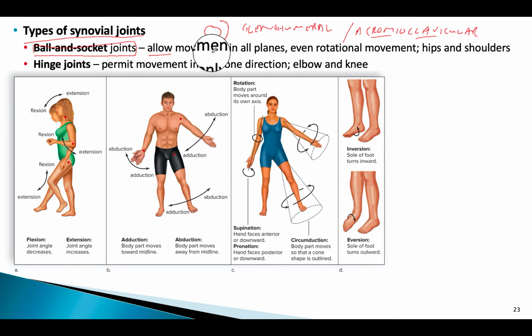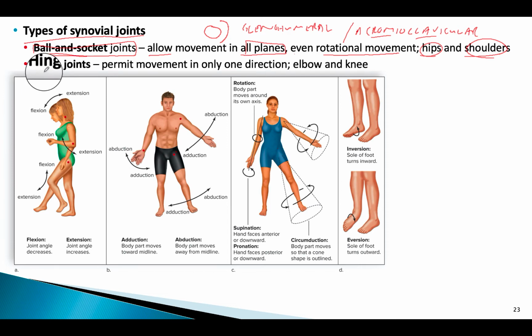The ball and socket joint is going to allow movement in all planes, even rotational movements. Examples here would be the hip joint and your shoulder joint. Hip joint right there, and your shoulder joint right over there.